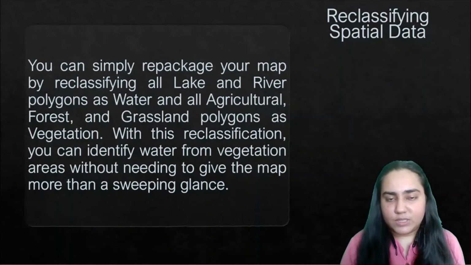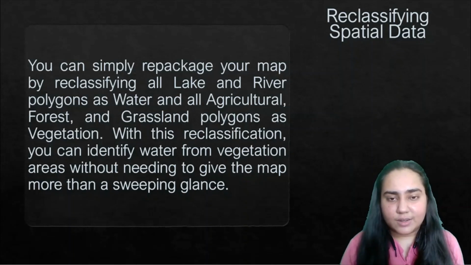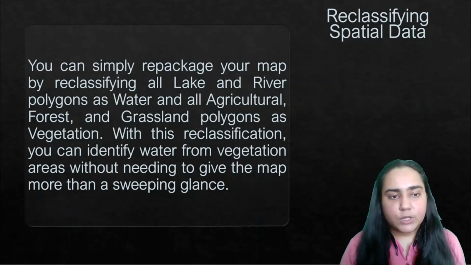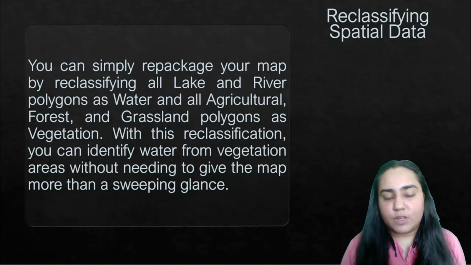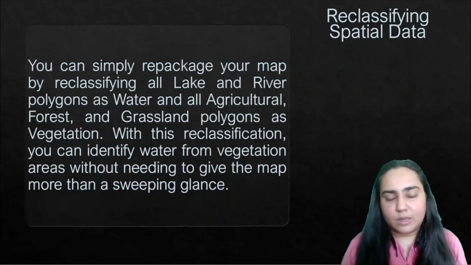So what you will do is just repackage your map, reclassify all polygons which show lake and river as water, and all polygons that show agricultural, forest, and grassland as vegetation. So with this reclassification, you can identify water from vegetation areas without needing to give the map more than a sweeping glance, because now it shows only 2 things, so it's easier to make out what it is showing.